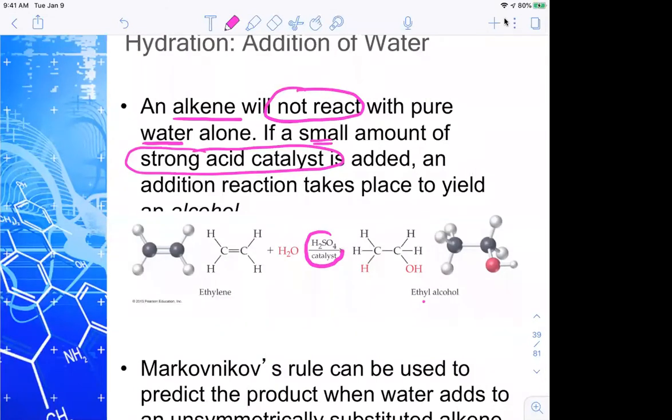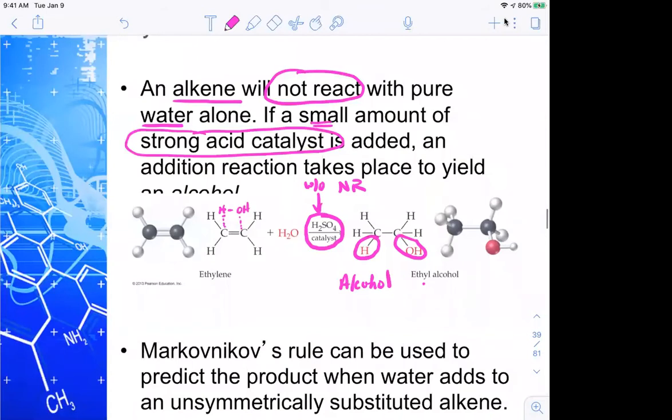This catalyst is critical. Without this, there is no reaction. When I put that catalyst in there, I end up with the addition of hydrogen and OH adding across the double bond, and I end up with an alcohol.